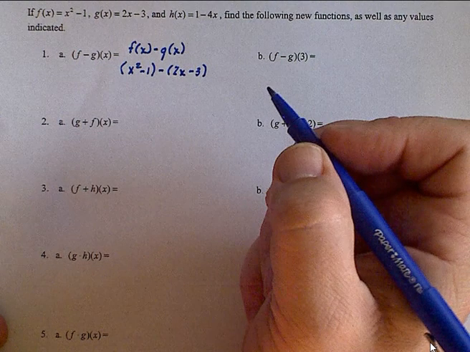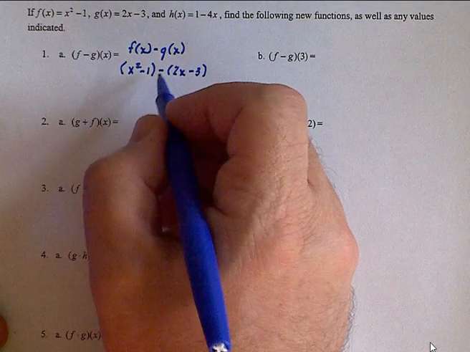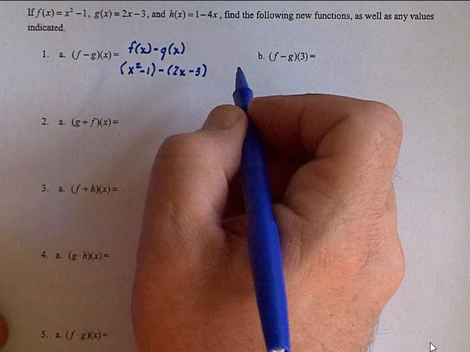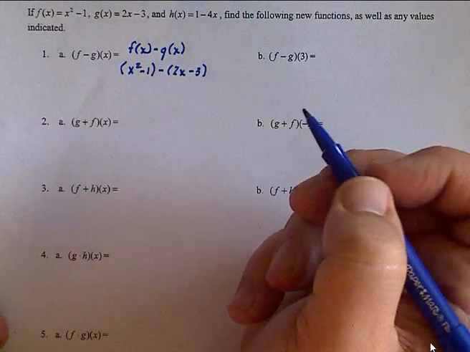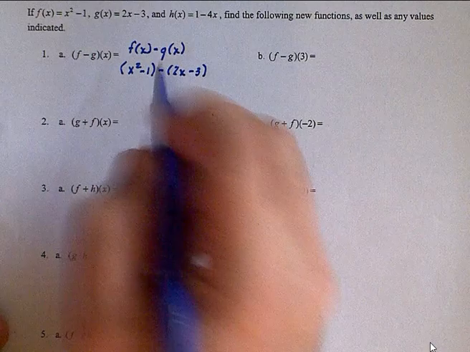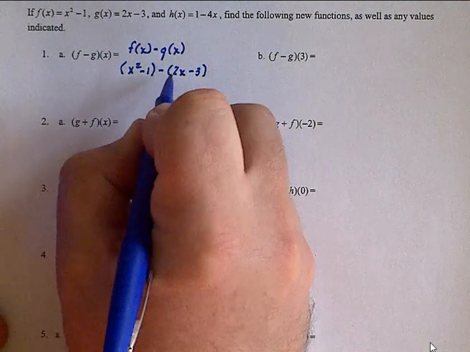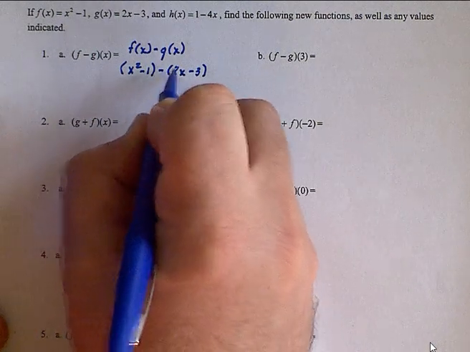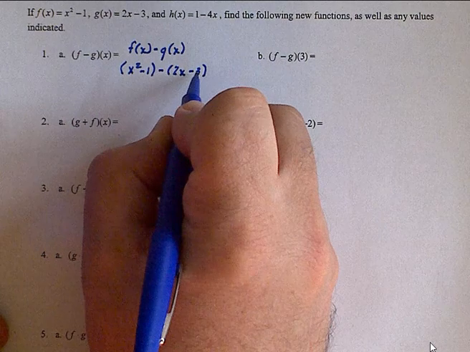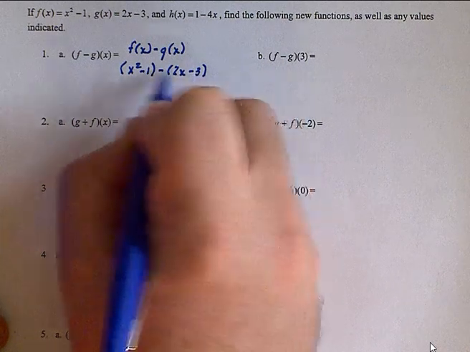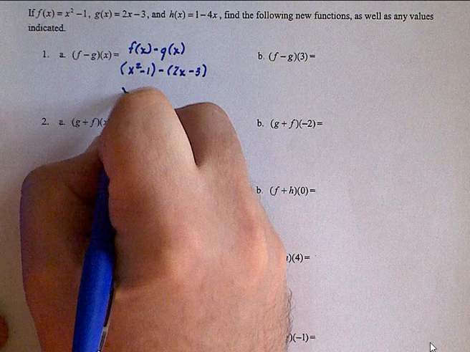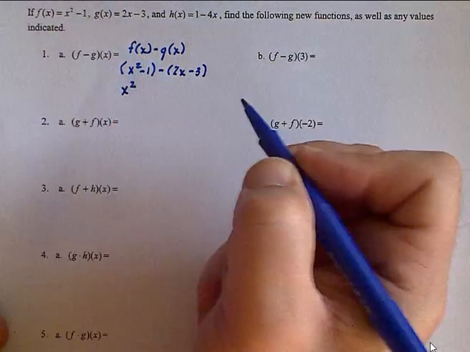Now to subtract, I need to distribute the negative through, and then all I'm going to do is combine the like terms. So the 2x is going to become negative. The minus 3 is going to become positive when I distribute. So x squared, there's nothing to combine with that.